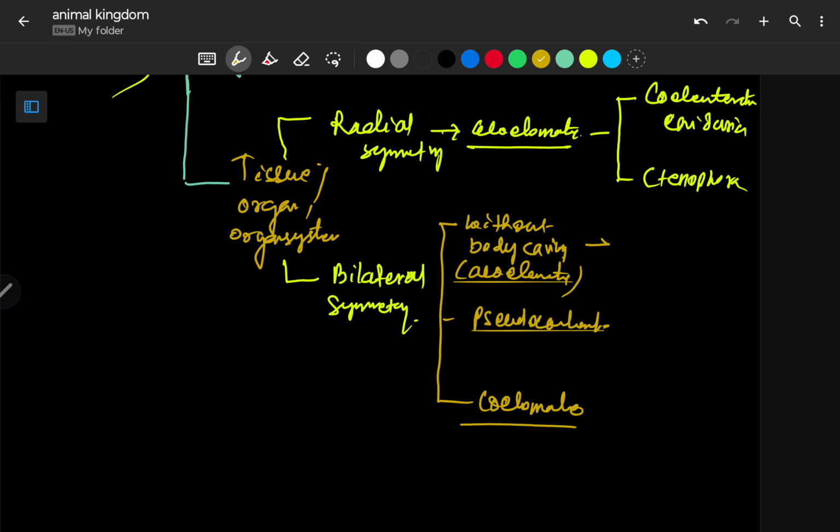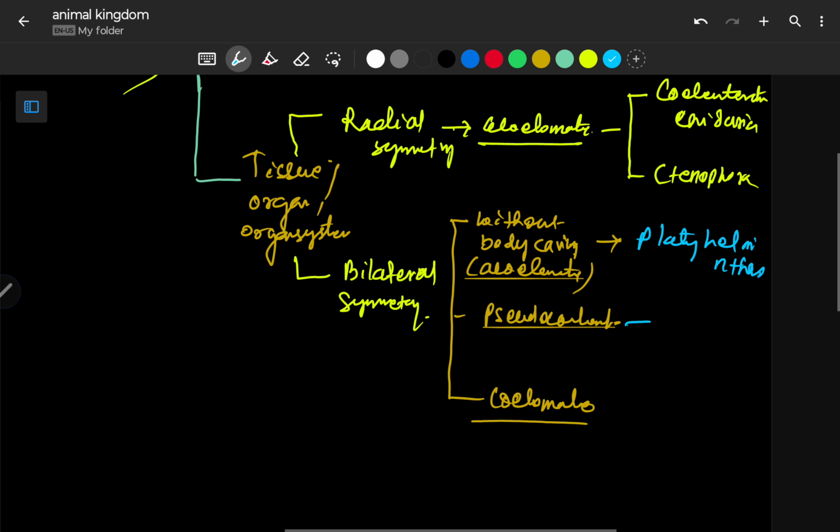So the phylum Platyhelminthes. So this is Platyhelminthes. Okay, and then with pseudocoelom is Aschelminthes.